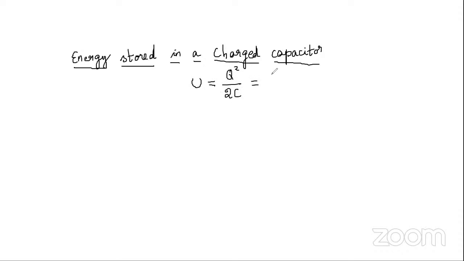This is also equal to half CV squared. And half into Q into V is also a formula for finding the potential energy stored in a charged capacitor. We have to use these equations.